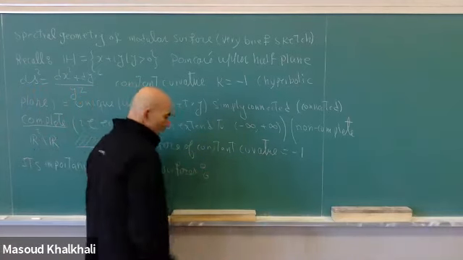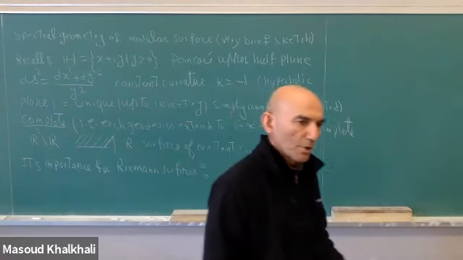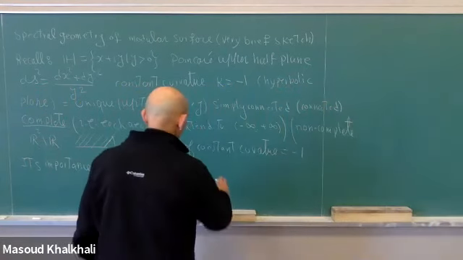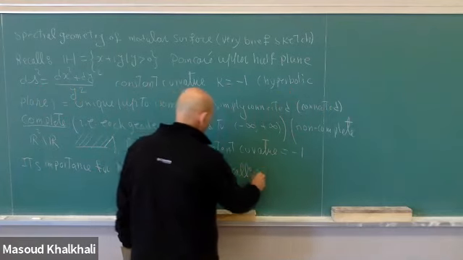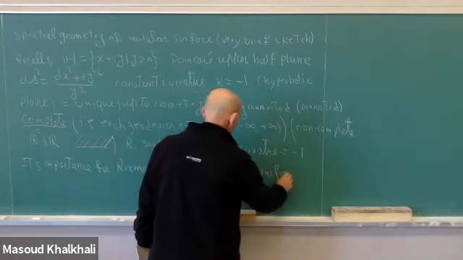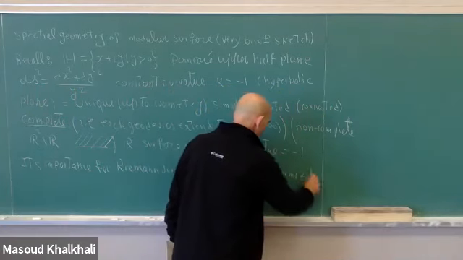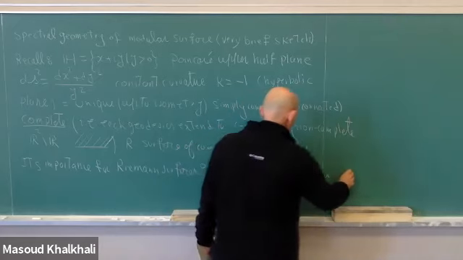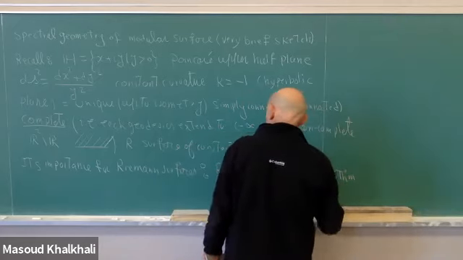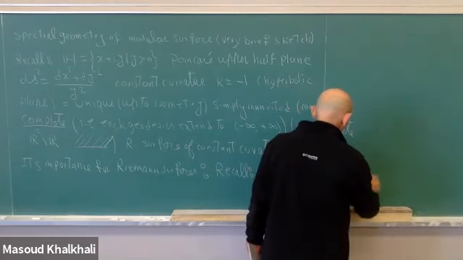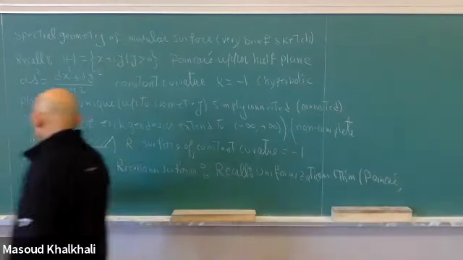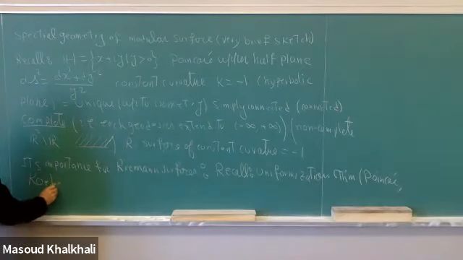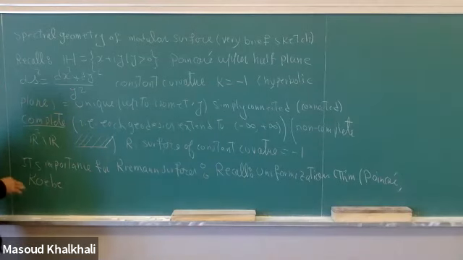There is a very famous theorem called the Uniformization Theorem. Let me recall it. This is a theorem due to Poincaré and Koebe, although there was some preliminary work by Klein and other mathematicians in the 19th century.